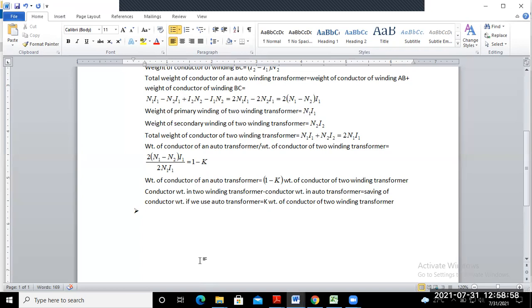Therefore, an auto transformer has higher efficiency than the two winding transformer.